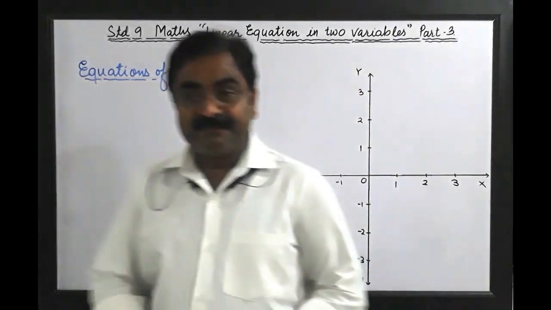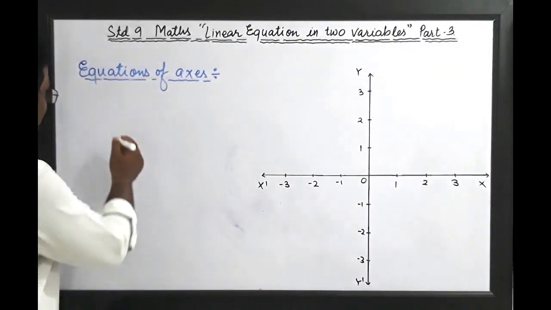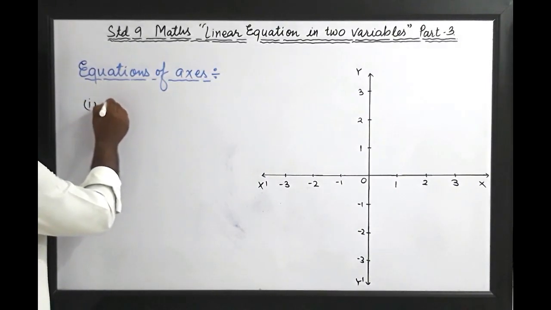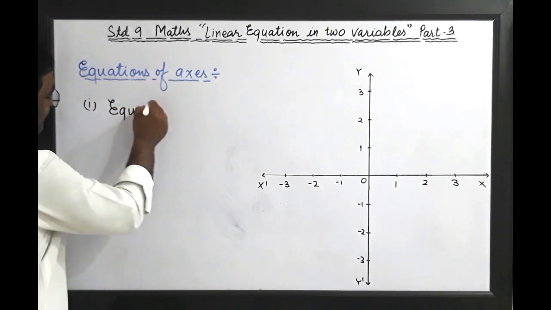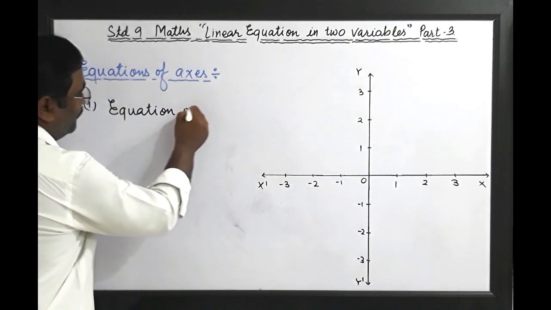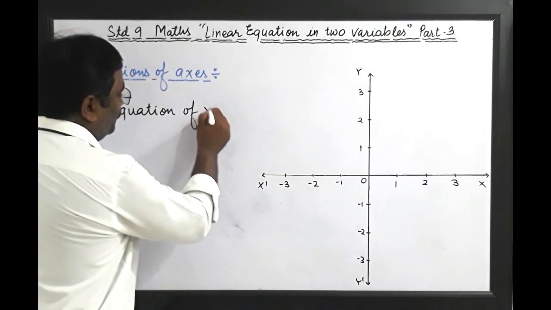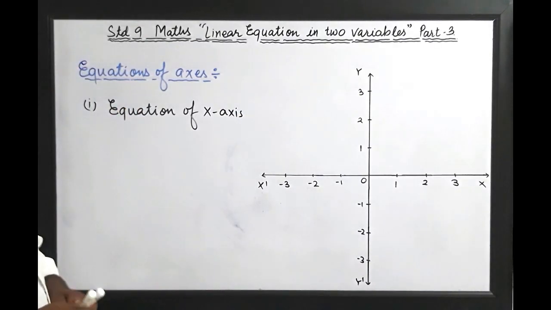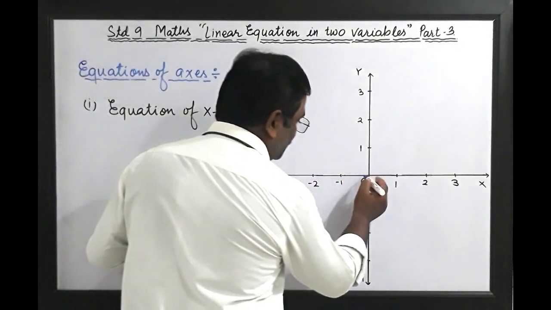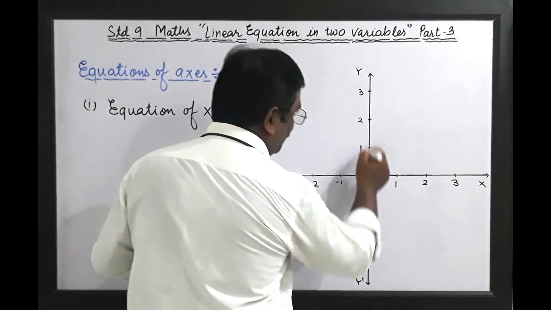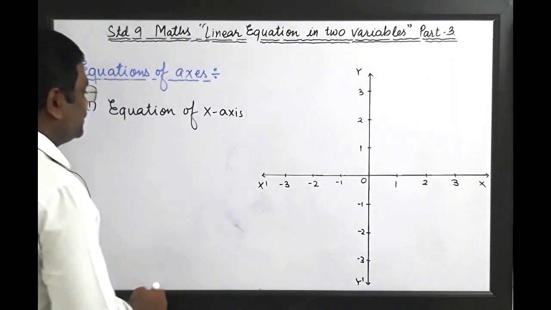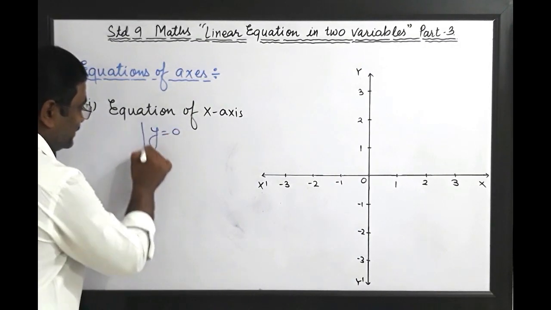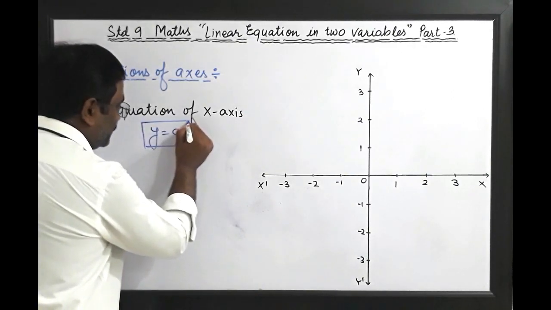So dear students, first the equation of x axis is y is equals to 0, because on this x axis the value of y is always 0. Why?